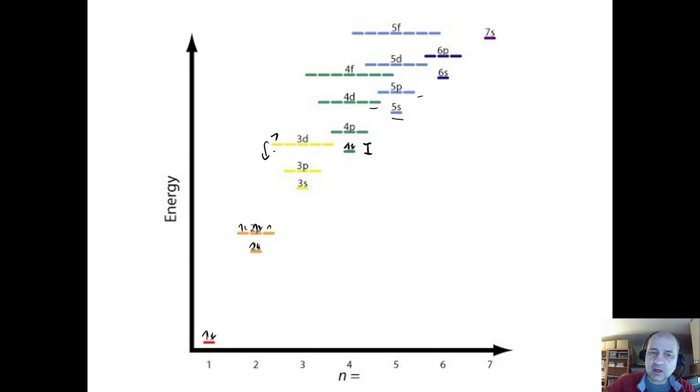It shouldn't be hard to grasp or memorize that, because 3 is a lower number than 4. You just have to remember that the 4s fills, and then you fill the 4p, and then the same thing happens again when you fill the 4d. It drops in energy, and the 4f also drops below, and so those go up in energy.